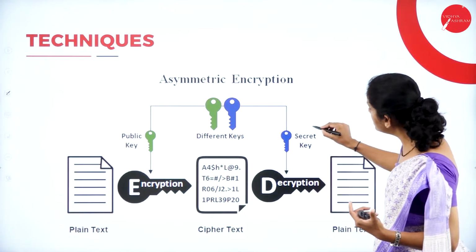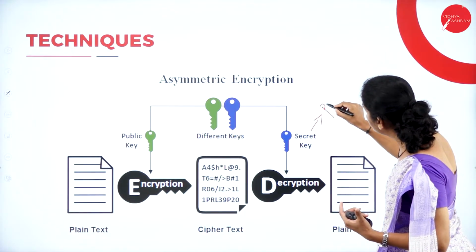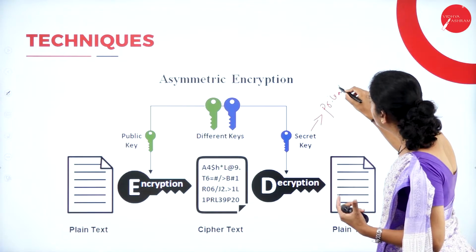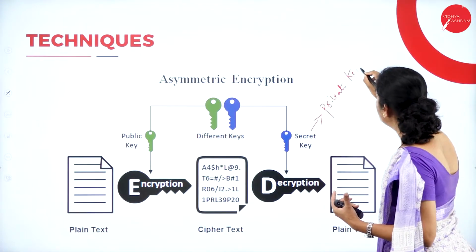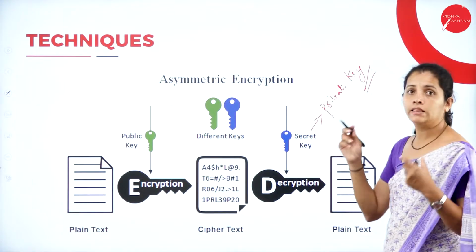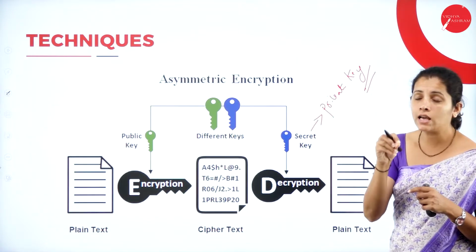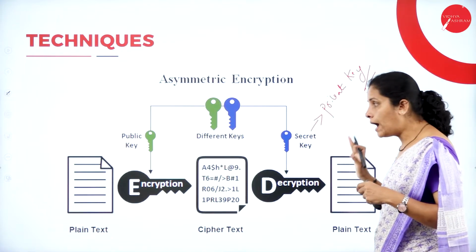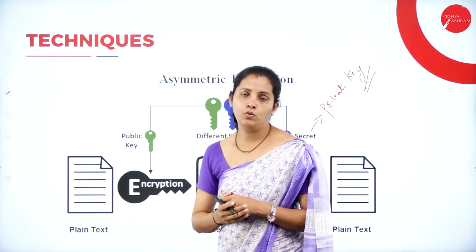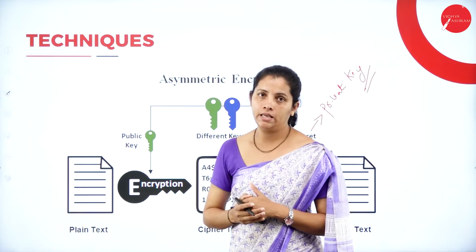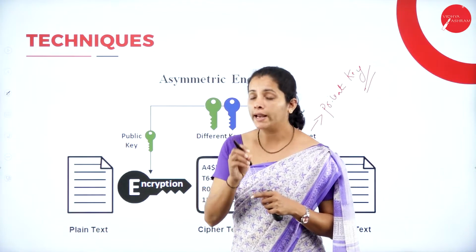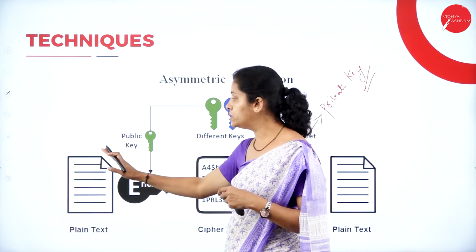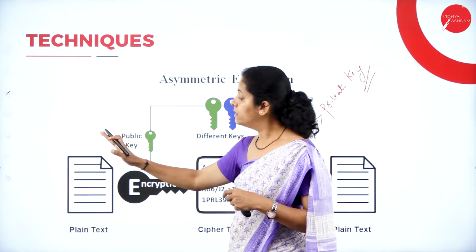What is the secret key? That is nothing but the private key. So to decrypt the data, on the receiver side, I'm going to use the private key, and on the sender side, I'm going to use the public key.